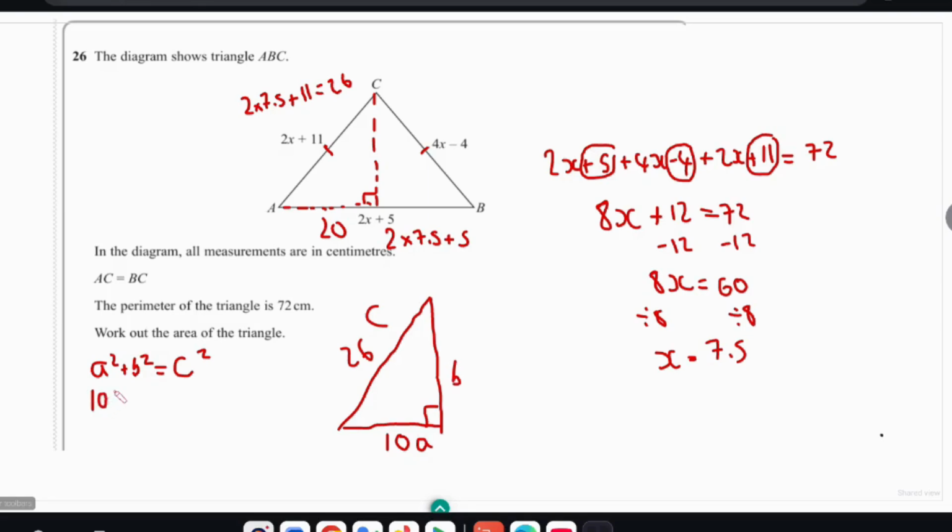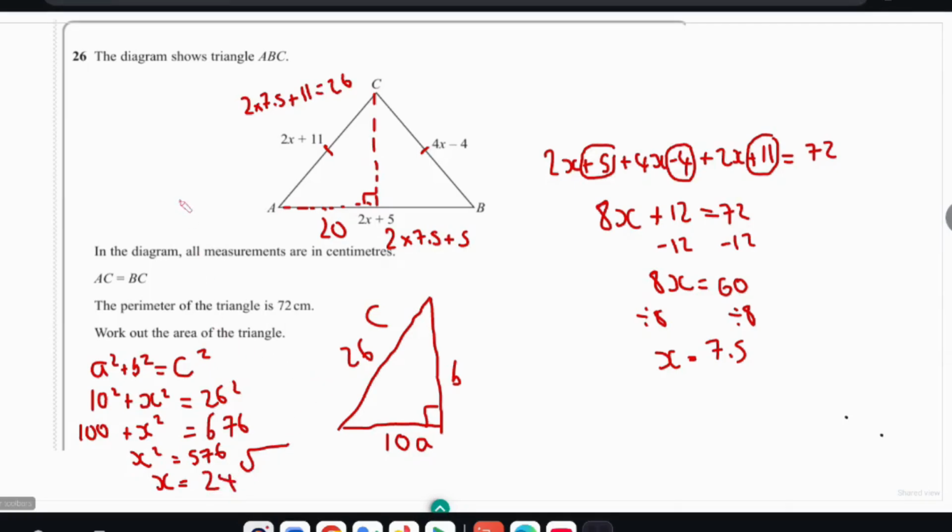So we have 10 squared plus x squared is equal to 26 squared. 26 squared is 676. 10 squared is 100. But we solve this equation by taking 100 off both sides, square rooting both sides, x is 24.